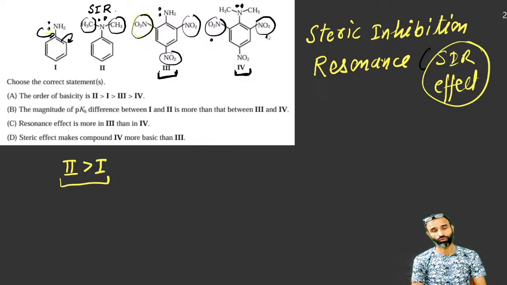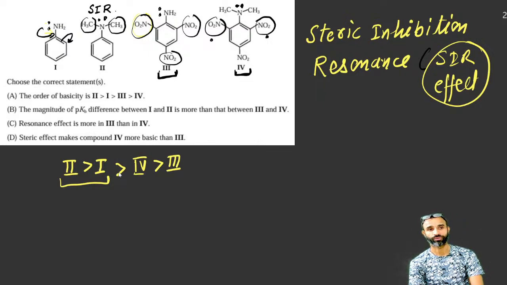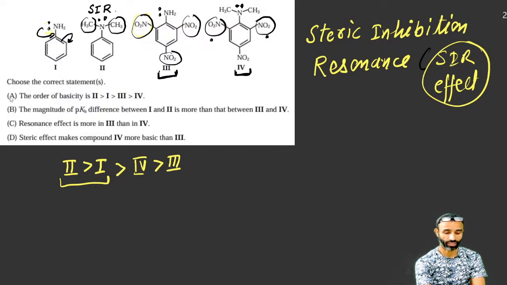So the fourth is more basic than the third, but both are less basic than the first and second. So this should be the order of A. So that means A is the wrong option.